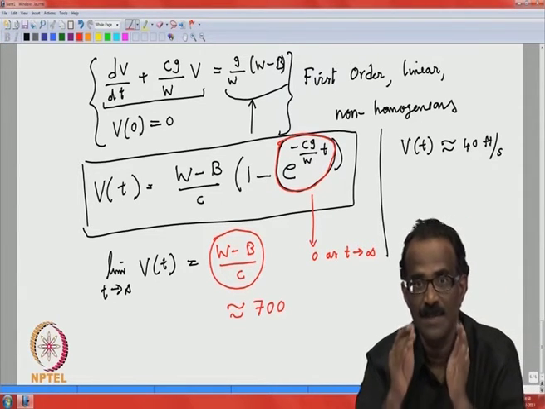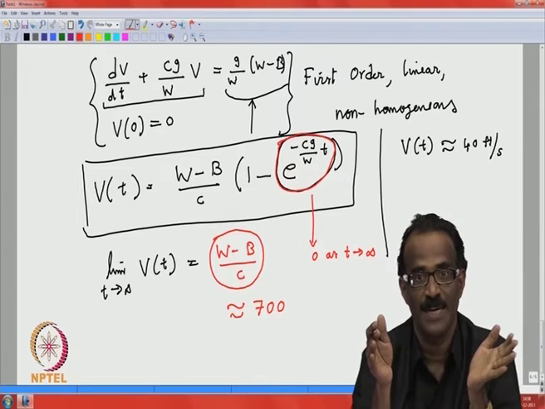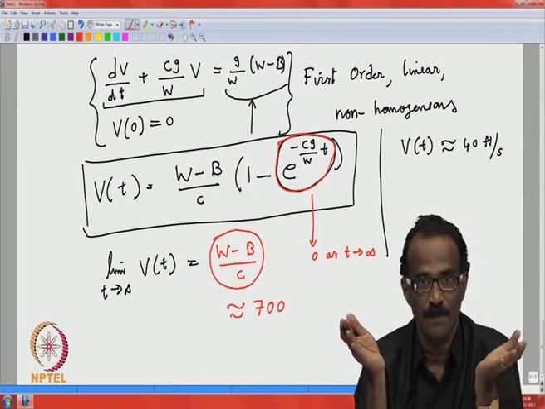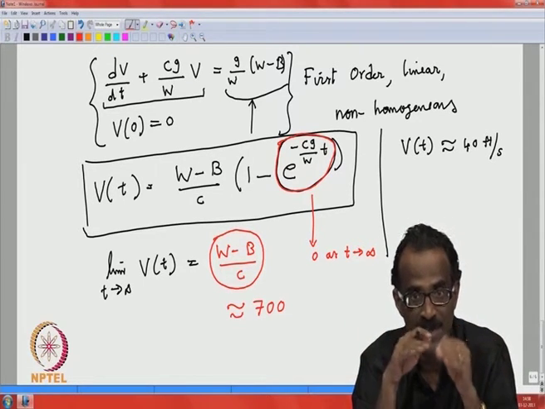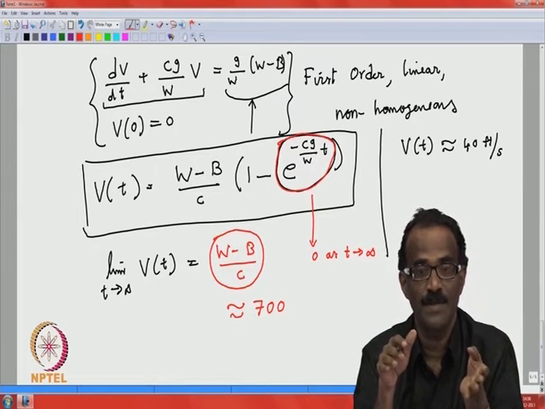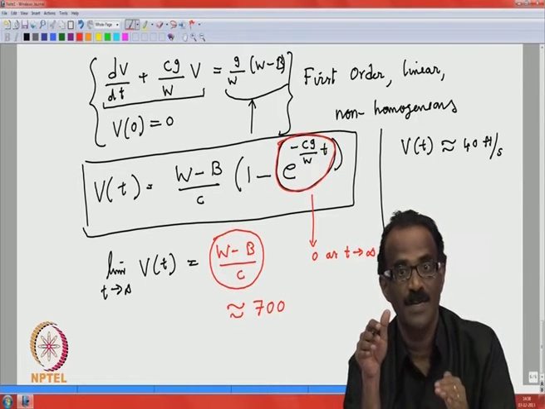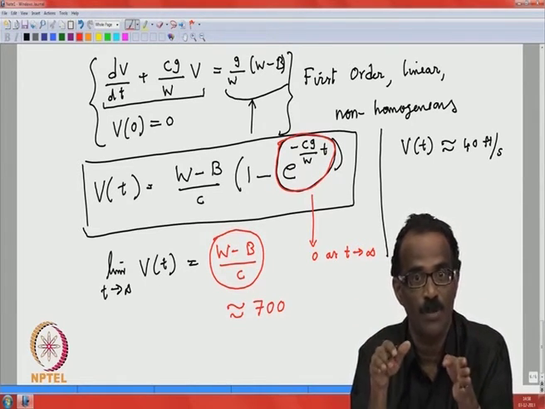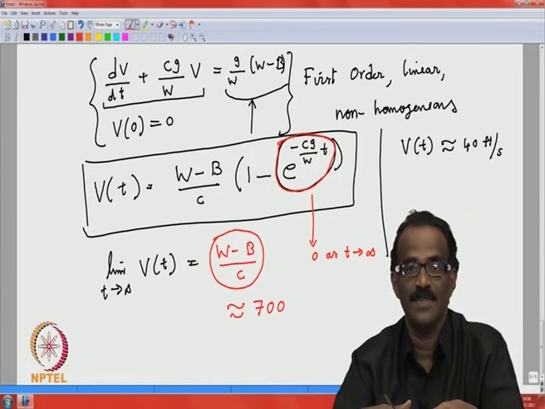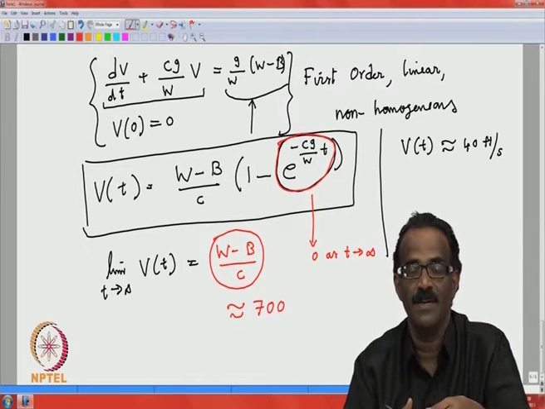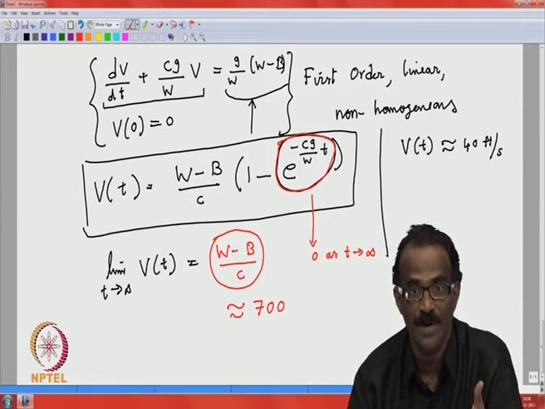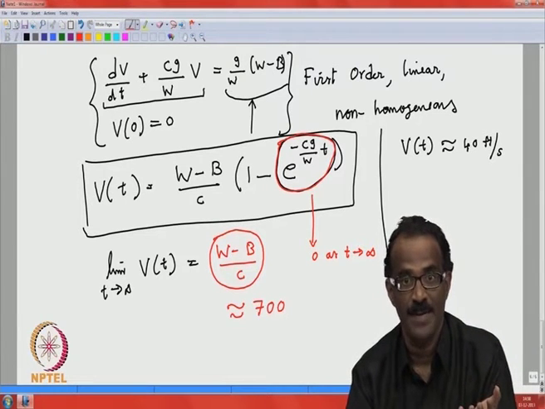It only says that the velocity can cross 40 at a certain time, but that does not mean the velocity will reach 40 if it hits the ground at a much earlier time. If it hits the ground, which is only 300 feet, at that time it may not reach 40, then you are fine.